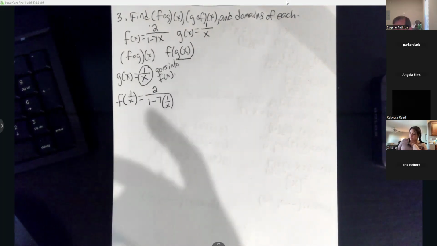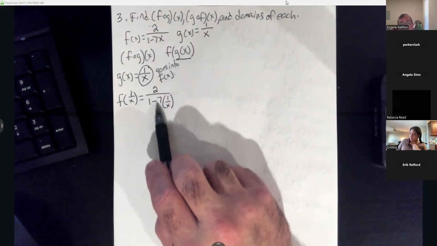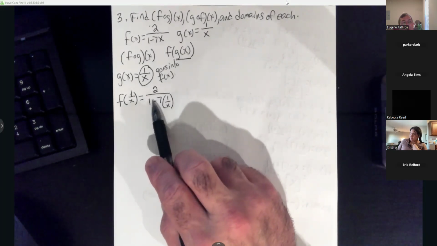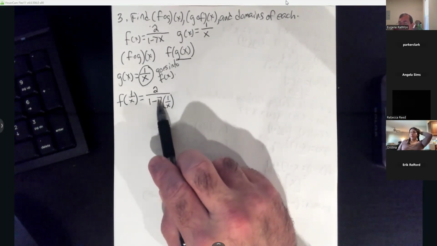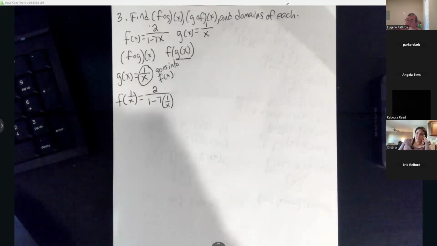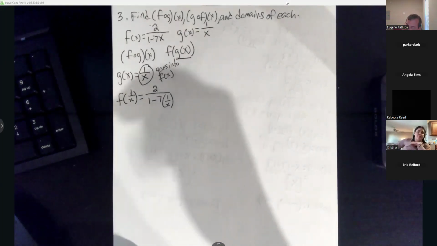All right, so the problem that we got on this one when we simplify it, we cannot have a fraction inside of a fraction. So we're going to have to simplify it so that we only have the one main fraction, okay? We cannot have a fraction in the denominator or numerator, okay?